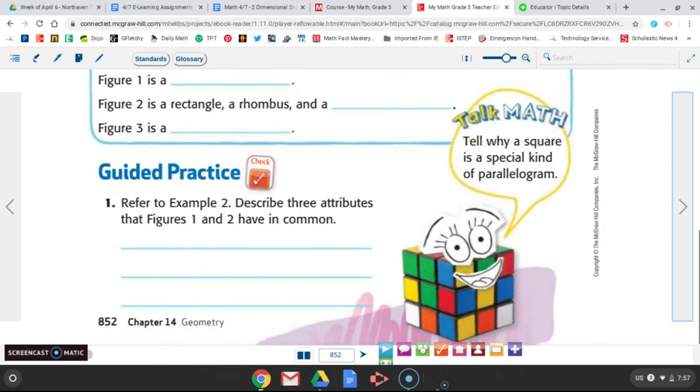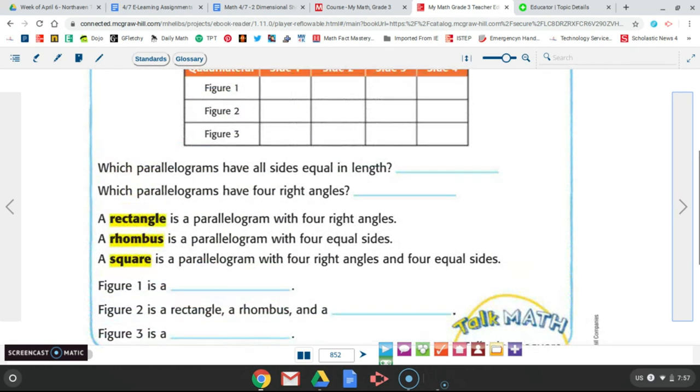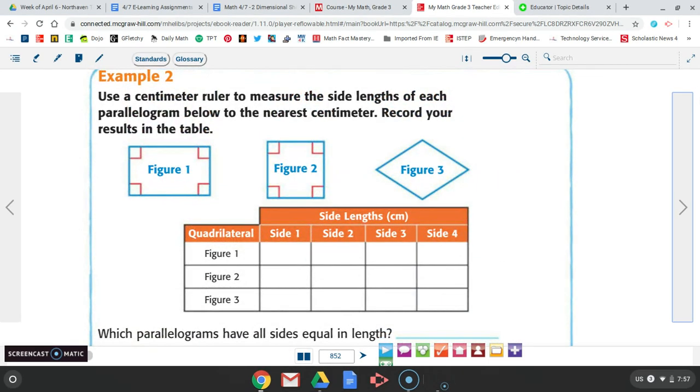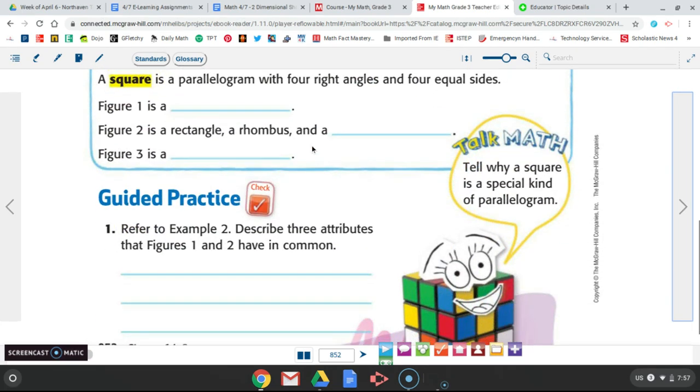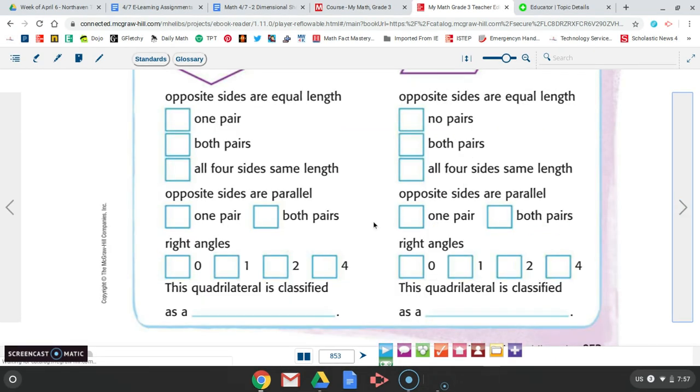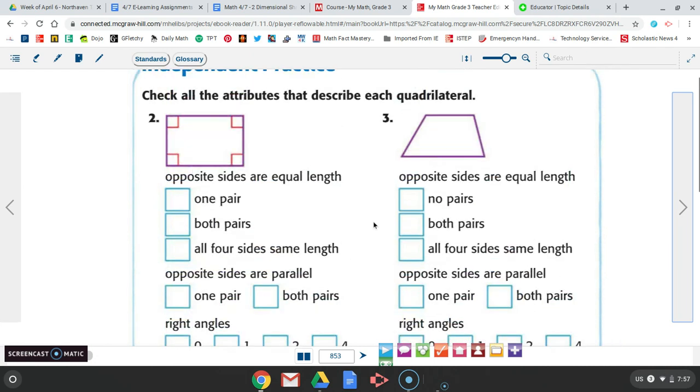Did it tell me to do 2 or 3? Yep, 3 attributes. All right. And the other thing I noticed is that they both have 4 sides. Okay, so that's using the attributes to describe a shape. You're just telling about angles and sides.